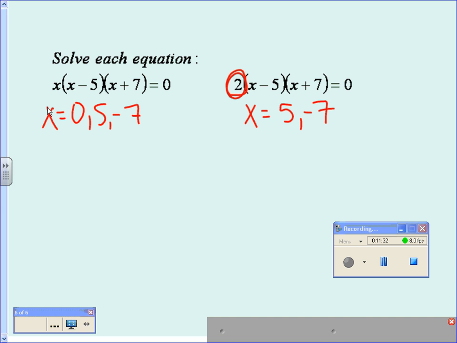One of these will be 0, so 0 times 2 is still 0. But there's no way, if you plug in like a 2, this equation will equal a number. You don't do anything. You just ignore it. Just 5 and negative 7.